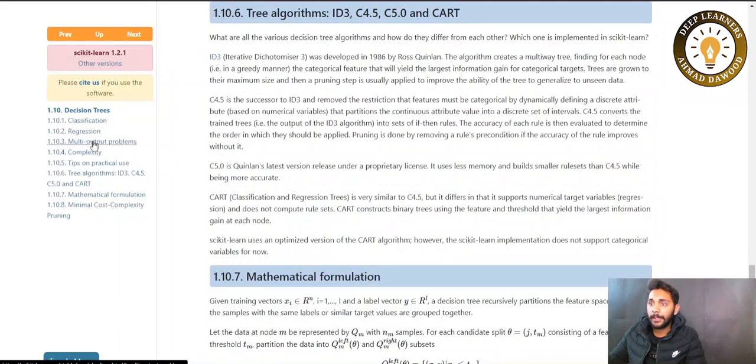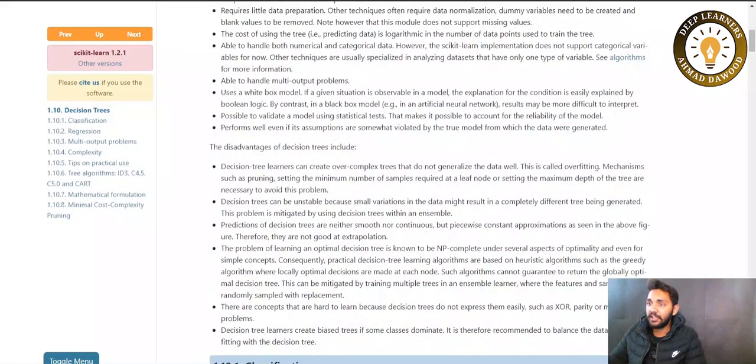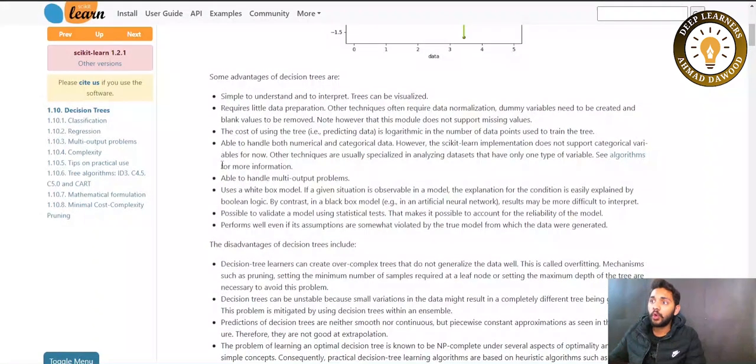If I show you the advantages and disadvantages from the start, the whole documentation also tells you what features or aspects scikit-learn has not yet implemented.